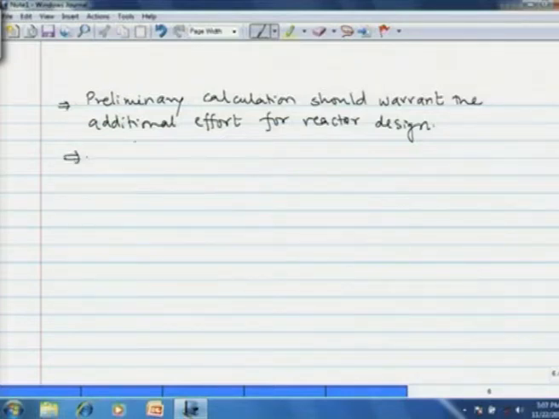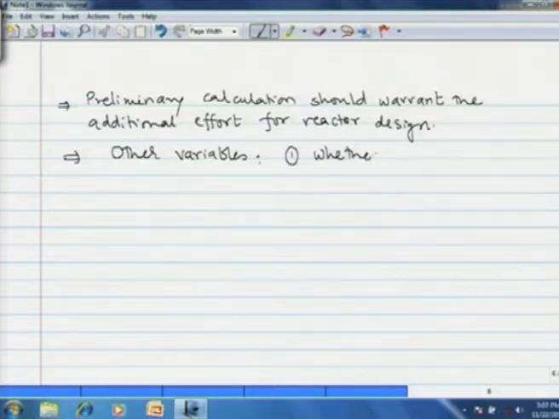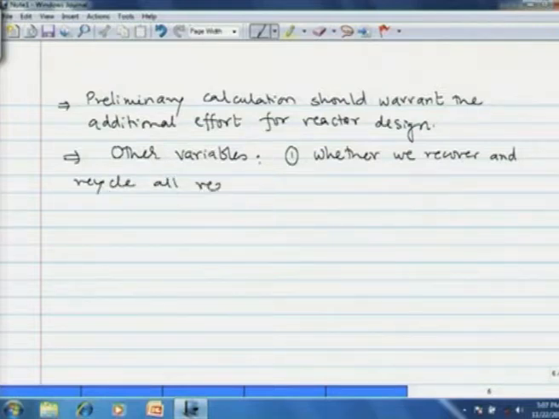Now, in addition, what are other variables that enter into the material balance? First is whether we are going to recover and recycle all reactants. And second, as I said at the beginning of the lecture, the use of gas recycle and purge stream.